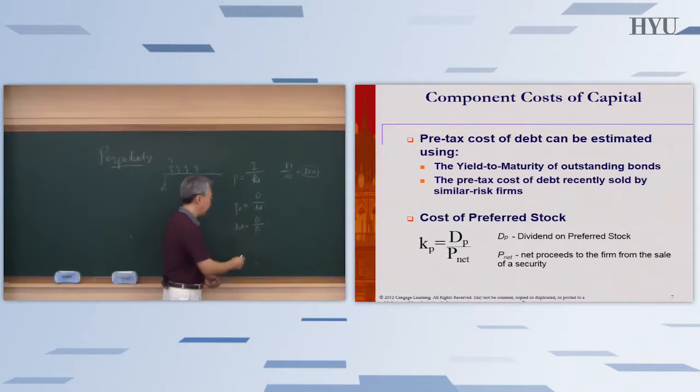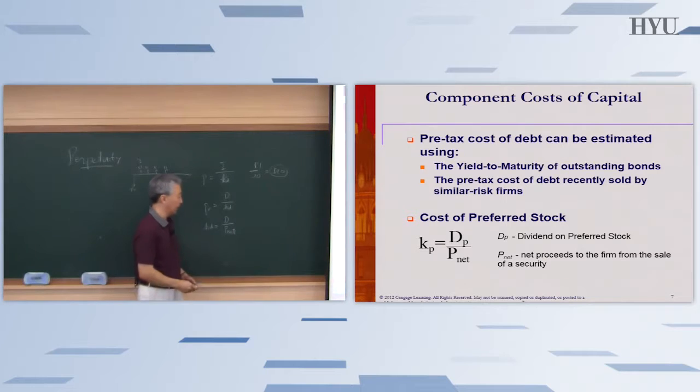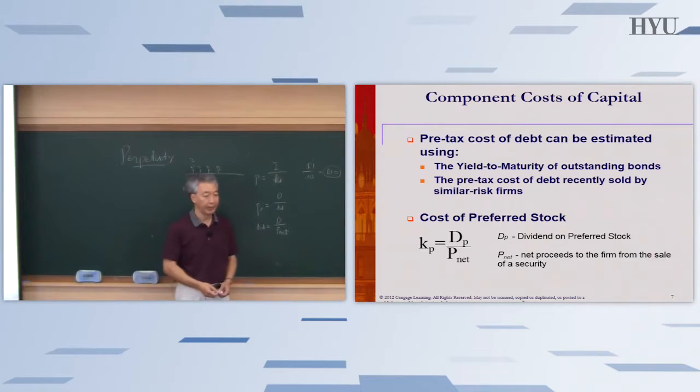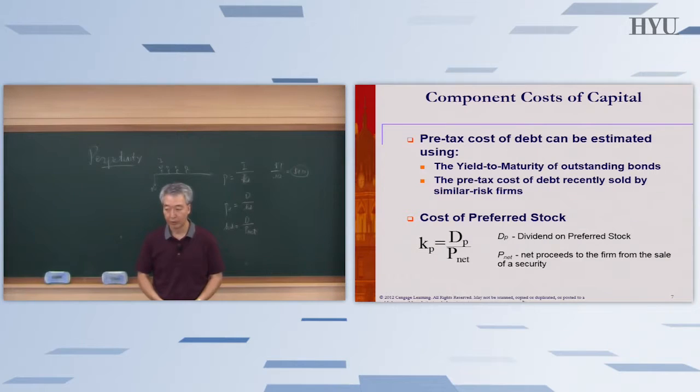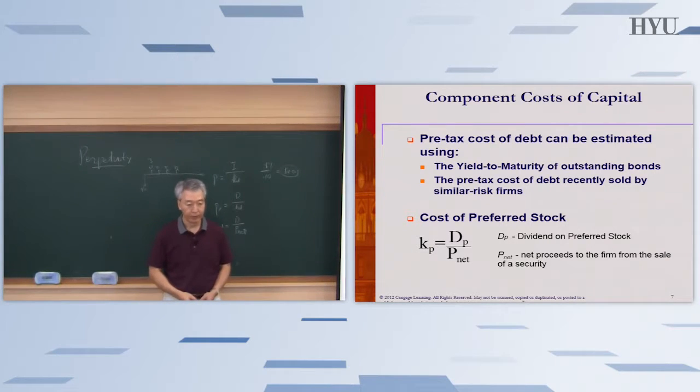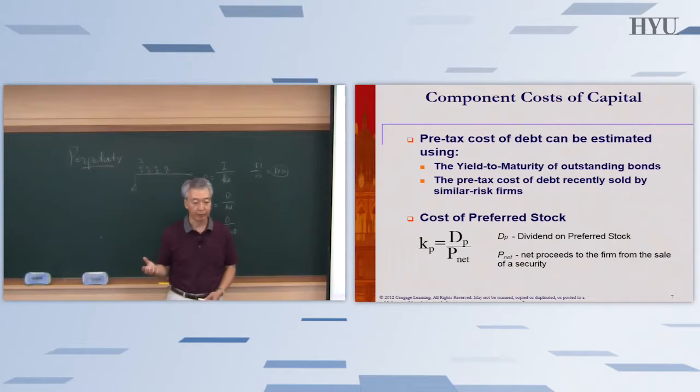And here the price should be net. What's the difference between P and P net? Yes, subtract the issuing cost. Maybe the preferred stock has been sold to investors at $10, but that doesn't mean the entire $10 is received by the company, because there is an intermediary, like an investment banking firm. That's the idea of spread.